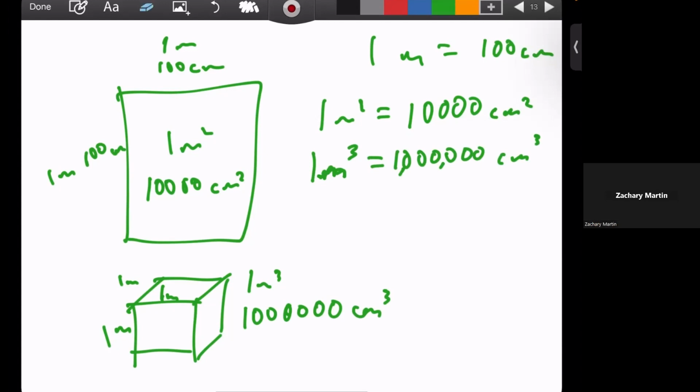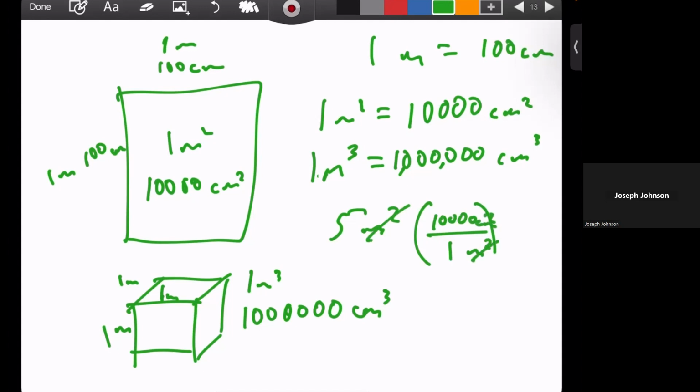So to find centimeters squared from meters squared, we multiply by 10,000. Well, it's the same unit conversions you normally do. So if I have 5 meters squared, how many square centimeters is that? Well, I have to get rid of the meters squared on the bottom and multiply by 10,000 centimeters squared on the top.